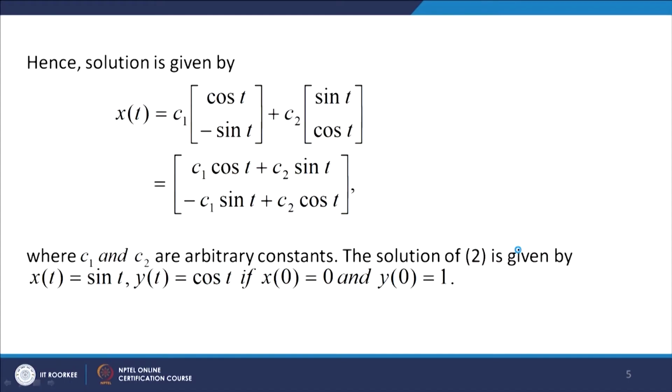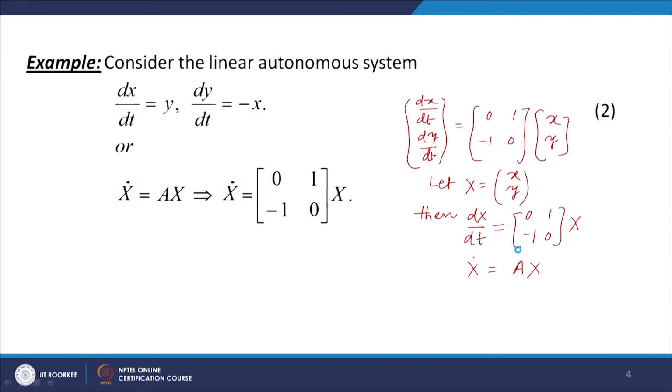Now, we know that the solution of this system x dot = Ax, where A is the matrix [0, 1; -1, 0], can be found easily. This we have discussed earlier.